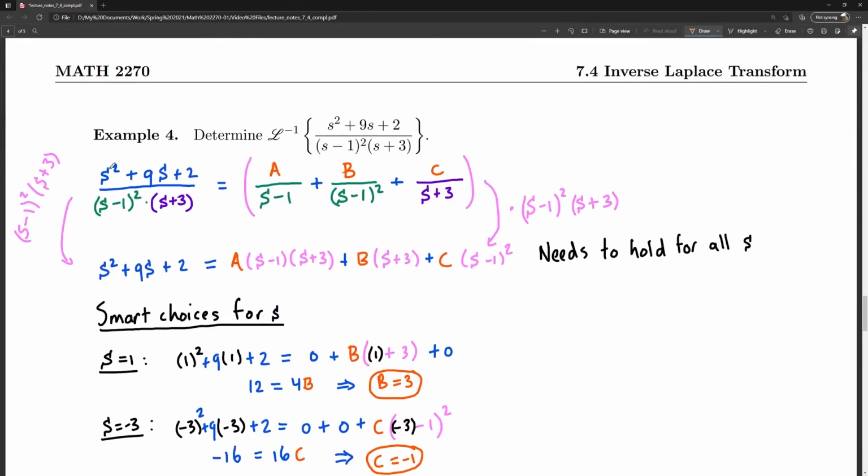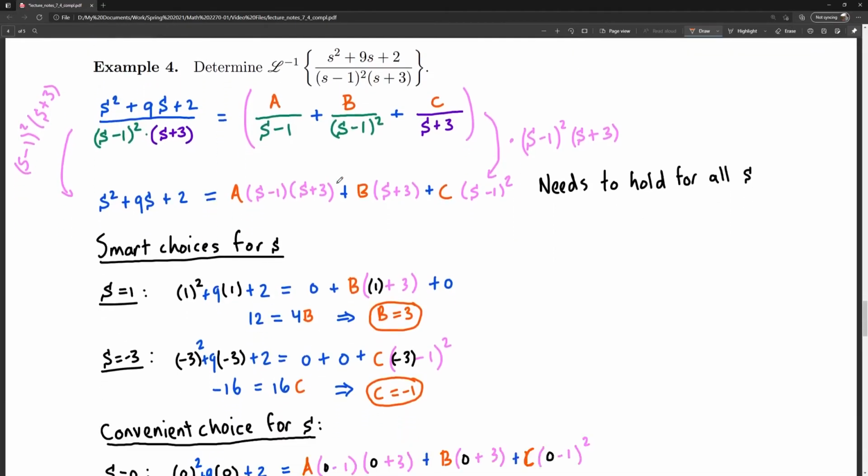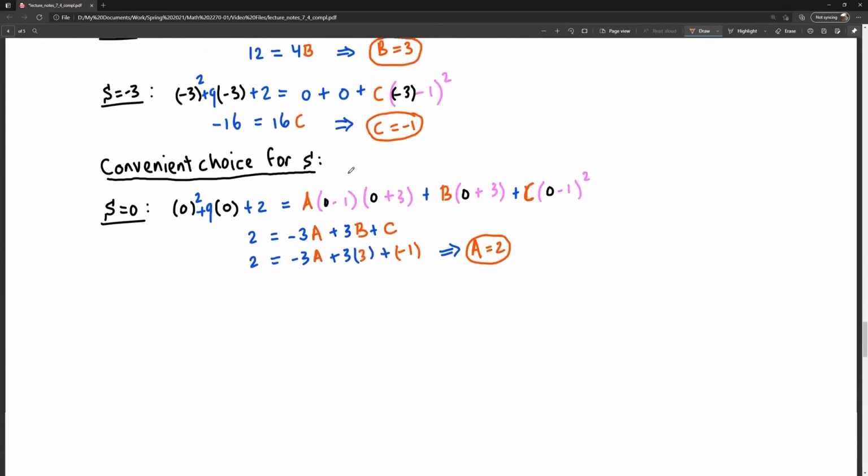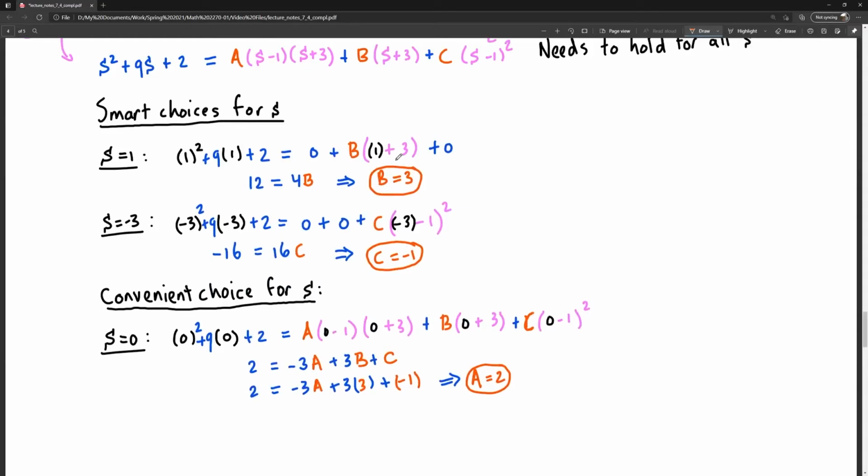We've rewritten this expression here using the partial fraction decomposition; we just needed to find these three coefficients.